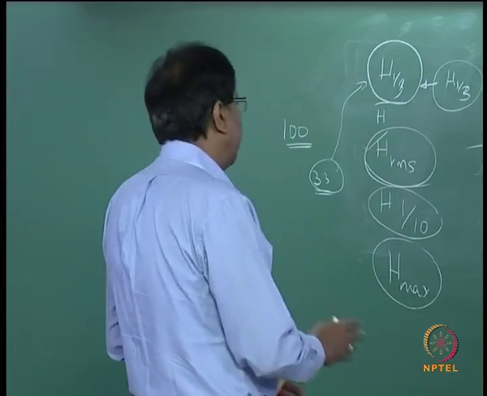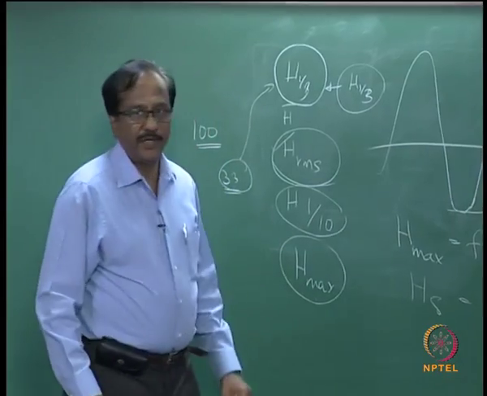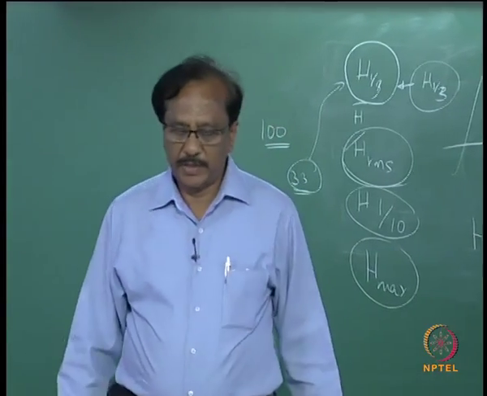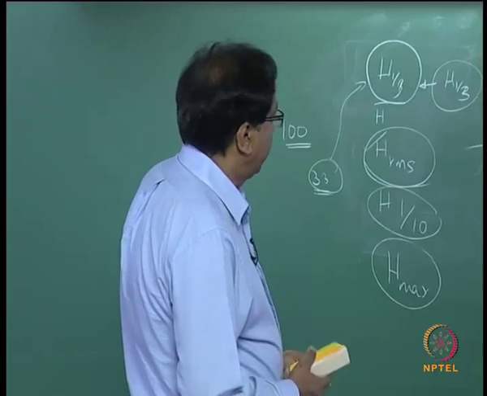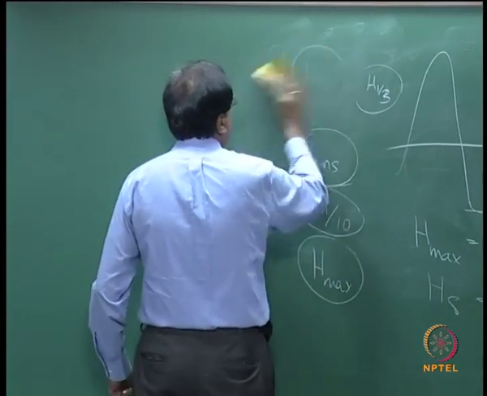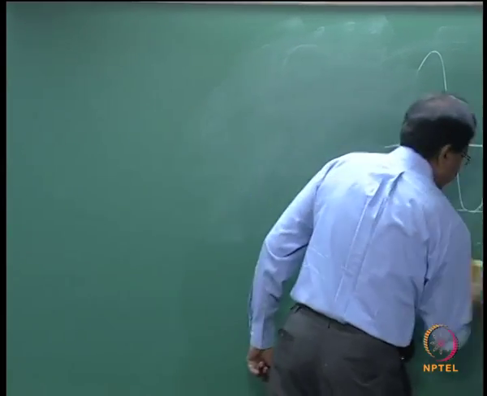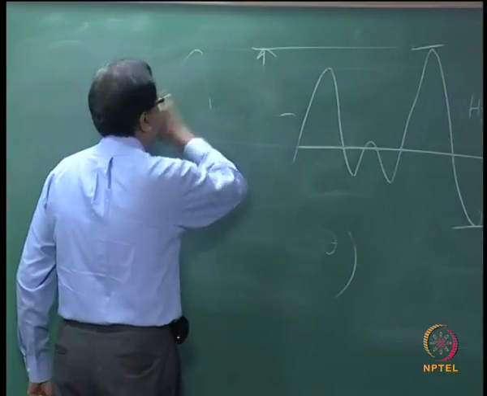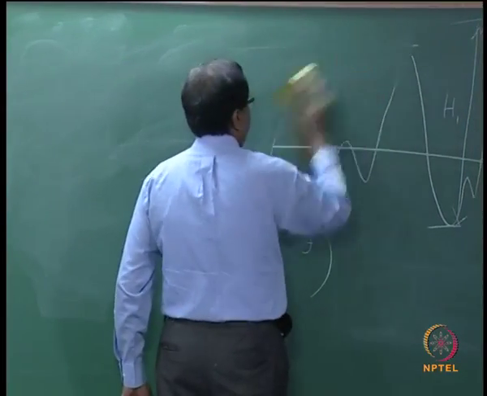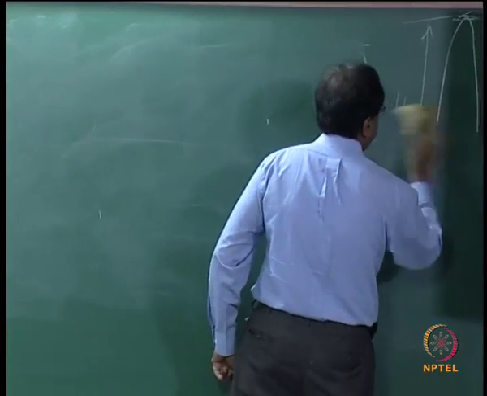But you see that there is a kind of relationship between the different forms of representation of the wave height. So we have to some extent understood the statistical analysis of ocean waves, or a representation of the average wave characteristics in the statistical domain.